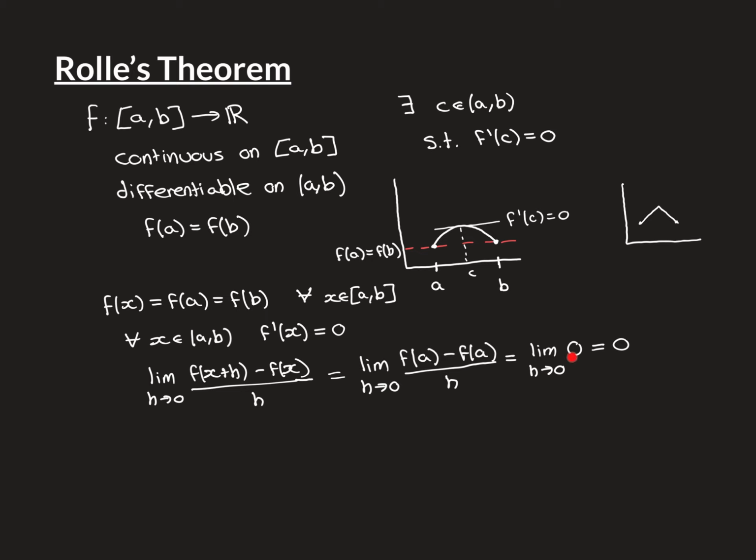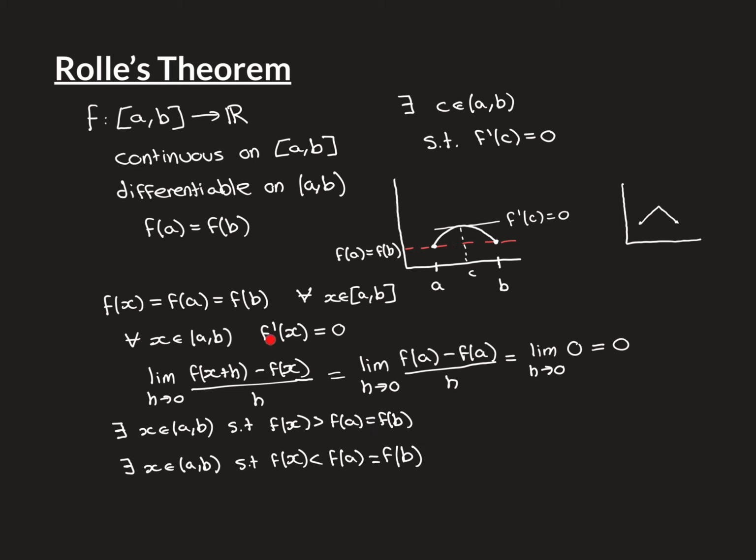So the limit as h approaches 0 of this constant function 0 is just going to equal that constant, which is 0. So therefore, the derivative is 0 everywhere, which fits with your intuition that this horizontal straight line every single place is going to have tangent line of gradient 0. So Rolle's theorem is clearly true in this first special case.